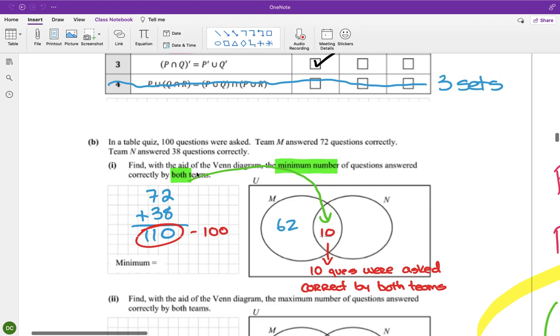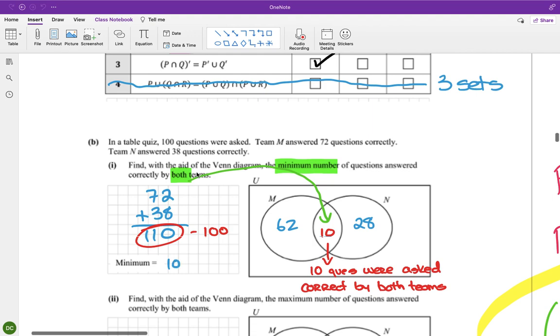If team N answered 38 questions correctly in total, and 10 of them were the 10 that the other team got correct, that means they had 28 that they got correct on their own. Now that's at the absolute minimum intersection. Obviously there could have been a much bigger overlap, and we'll talk about that in a second, but the minimum intersection is 10.